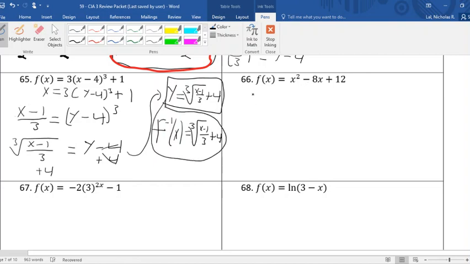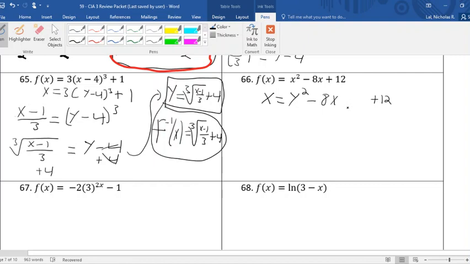All right, that's 65. For 66, x is equal to y squared minus 8x plus 12. And we're going to have to complete the square here to get this into vertex form.